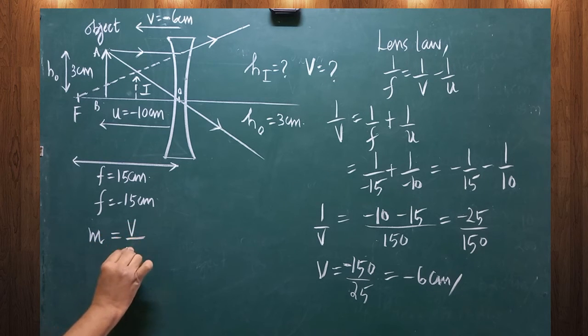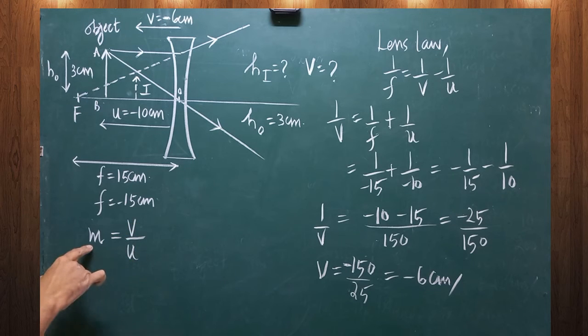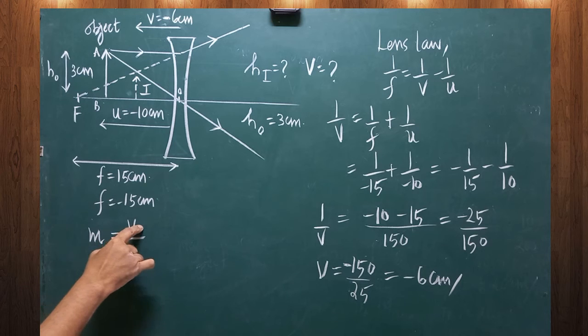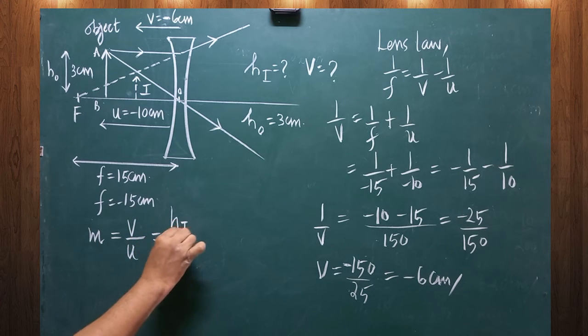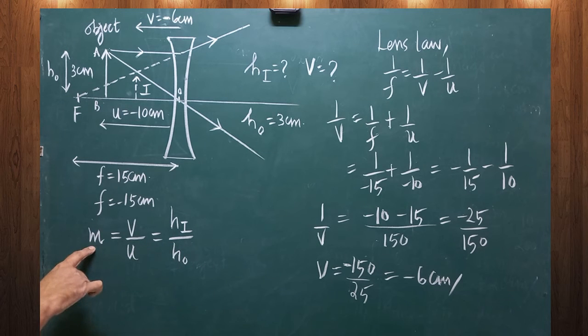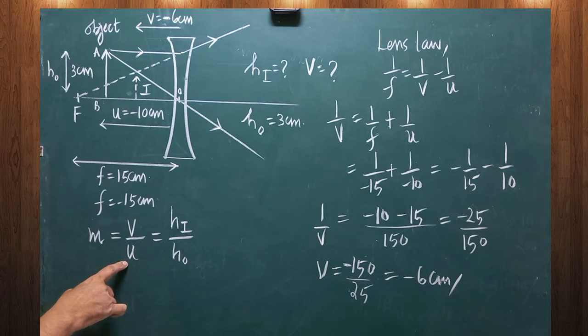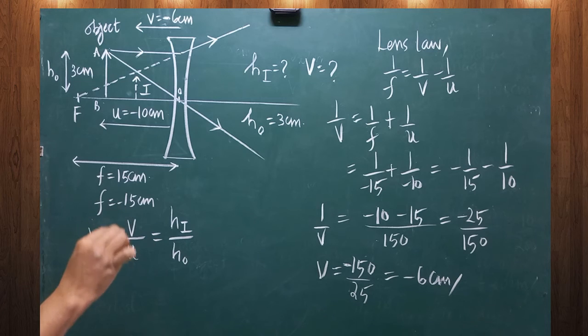There are two formulas for this. Image distance divided by object distance: to calculate the magnification, image distance is to be divided by object distance. One more formula is there: height of the image divided by height of the object. Here v is known, u is known, and ho is known. Which one is not known? hi is not known.